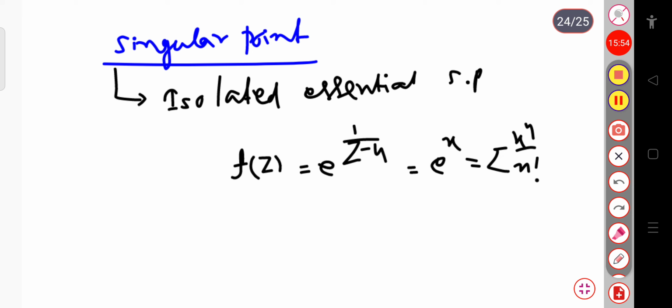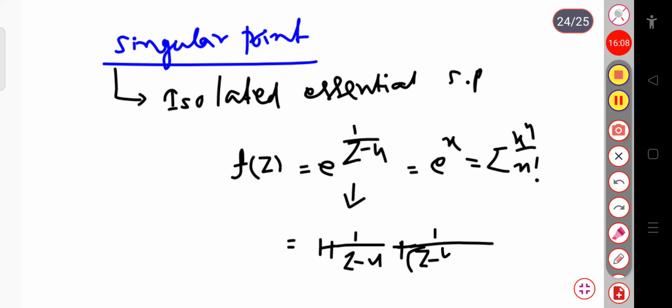So for exponential 1 by z minus 4, we can write this as 1 plus 1 by z minus 4 plus 1 by z minus 4 whole square into 2 factorial, and so on. In this way you can write.